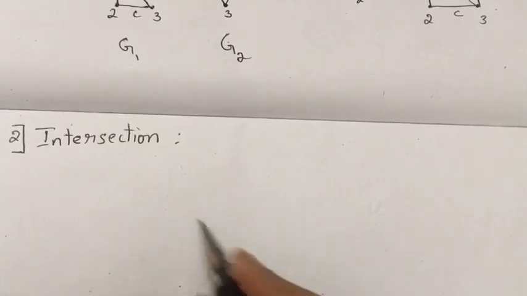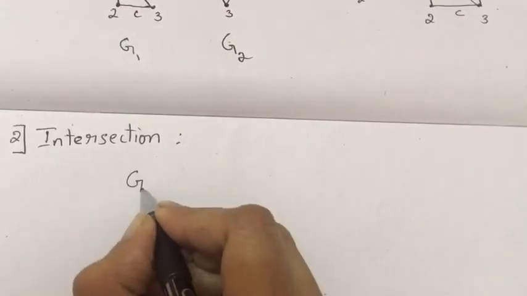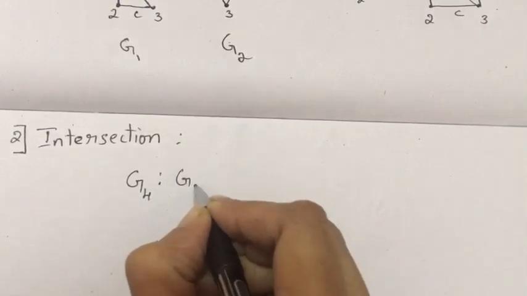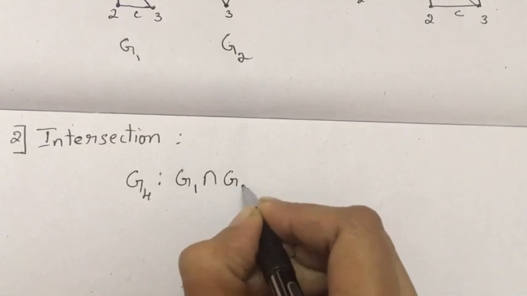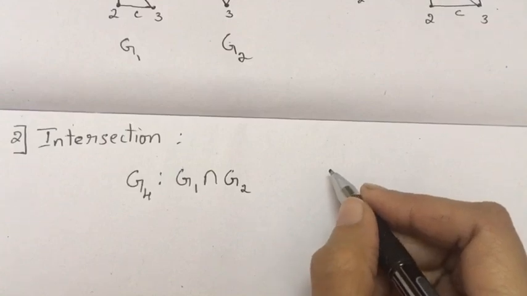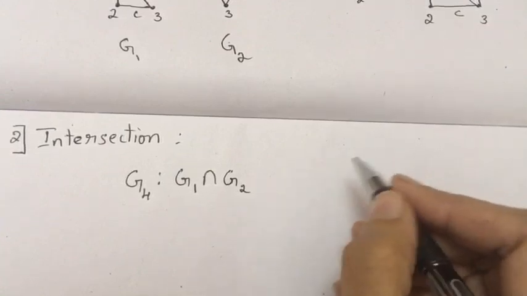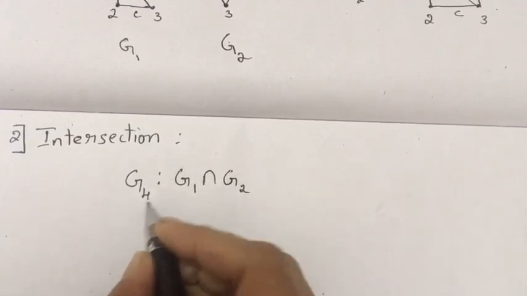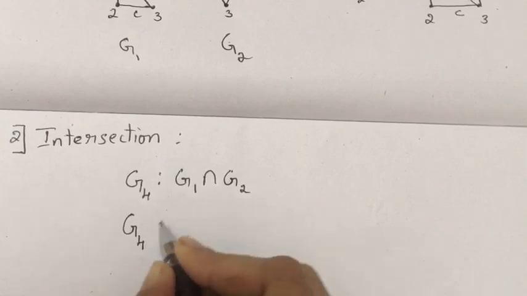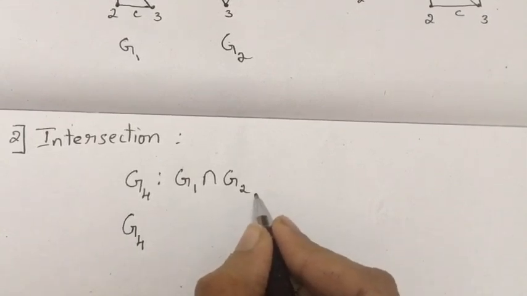In the same way, if G1 and G2 are the two graphs with vertex and edge sets V1, E1 and V2, E2, then the intersection of graphs, say G4, is nothing but G1 intersection G2.